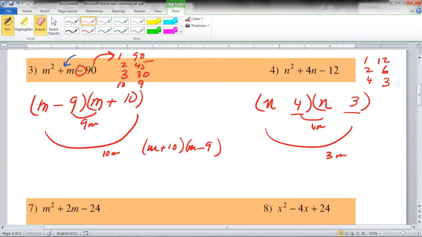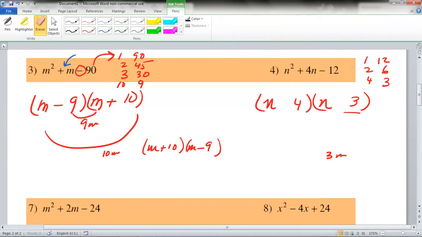That's not going to work. So 4 and 3 doesn't work. All right, and then, let's say 2 and 6. Do they add or subtract to give 4? Yes. This is 2n and this is 6n. They subtract to give 4. Okay, that might work.